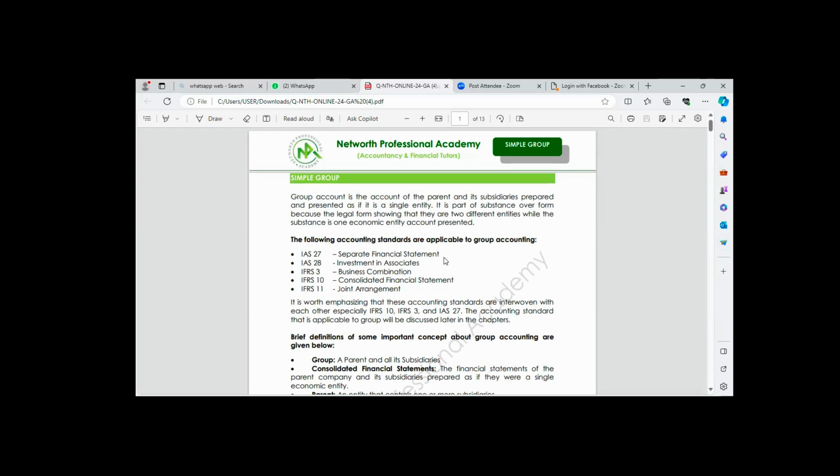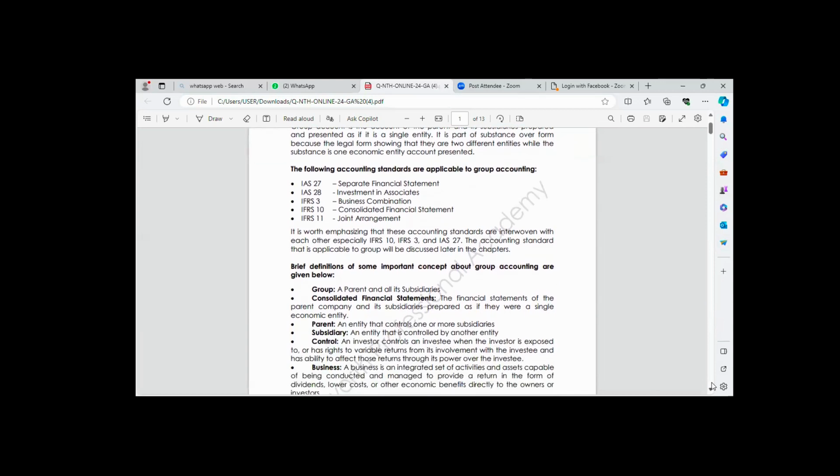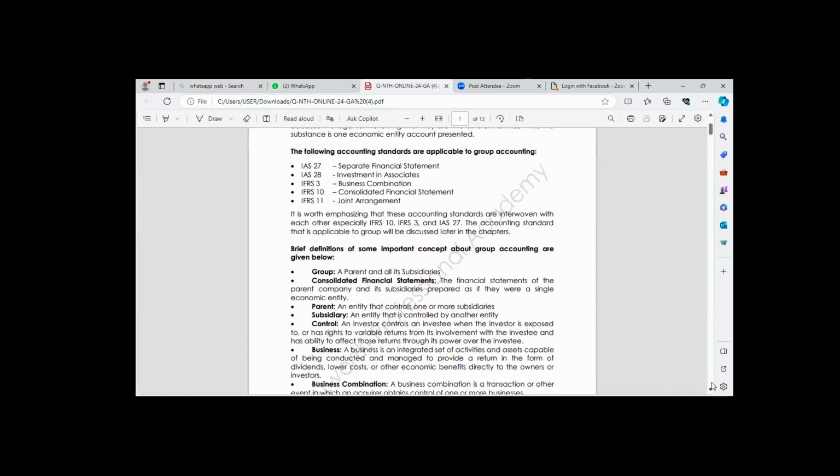Now, let's go to some definition. Group cannot be one person, a parent and all its subsidiary. Consolidated financial statement is the financial statement of the parent and its subsidiary prepared as if they were a single economic entity.